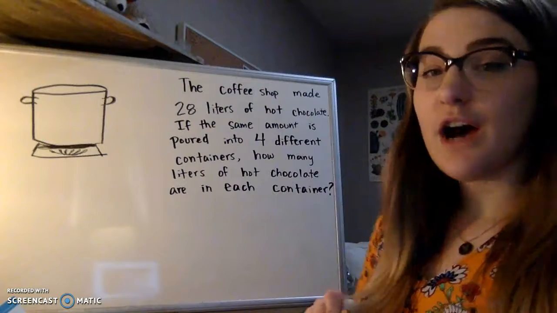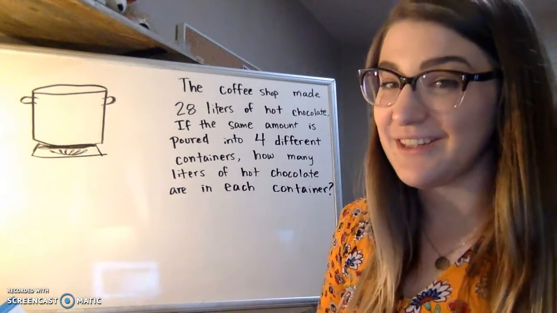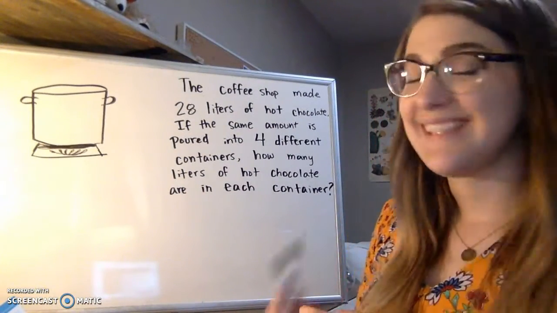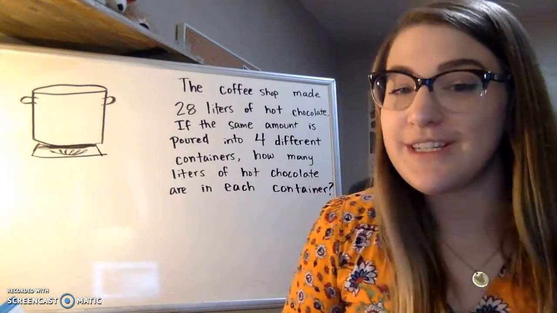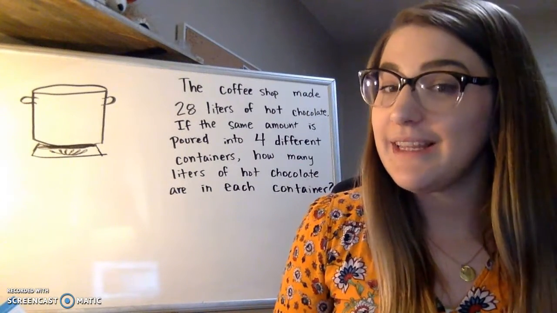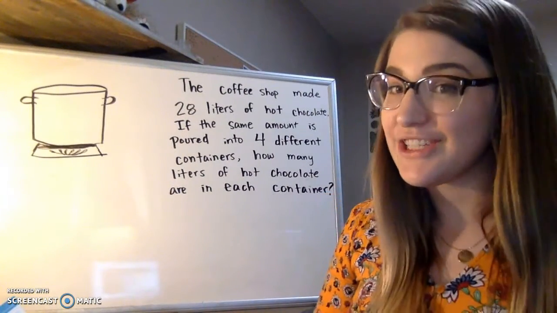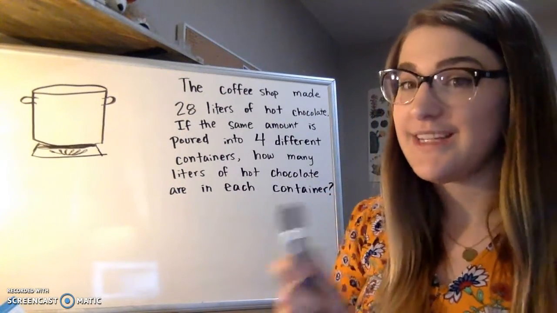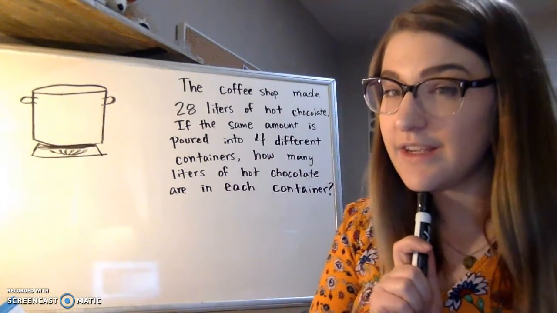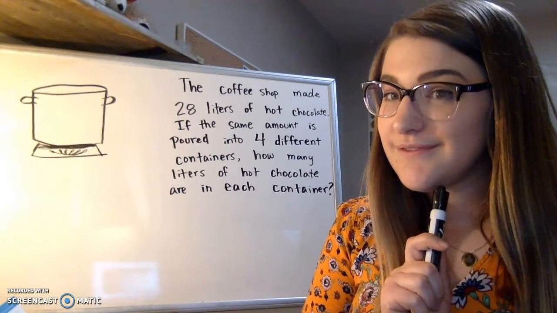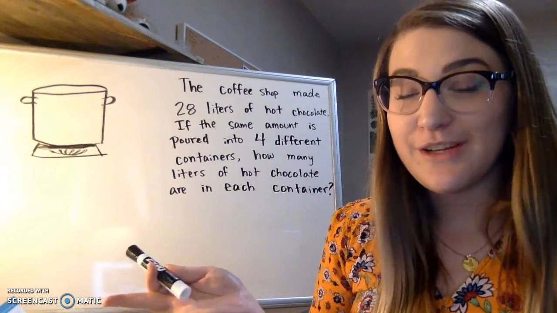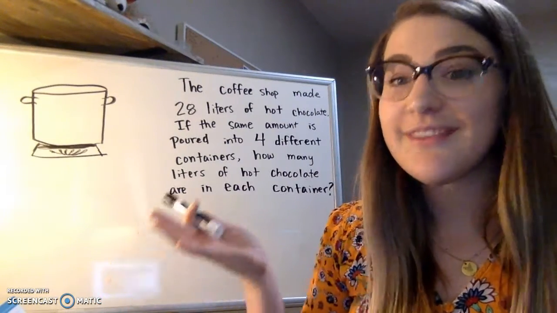So, the coffee shop made 28 liters of hot chocolate. If the same amount is poured into 4 different containers, how many liters of hot chocolate are in each container? Okay, take a second to pause and think. So, what are we going to use to solve this equation?